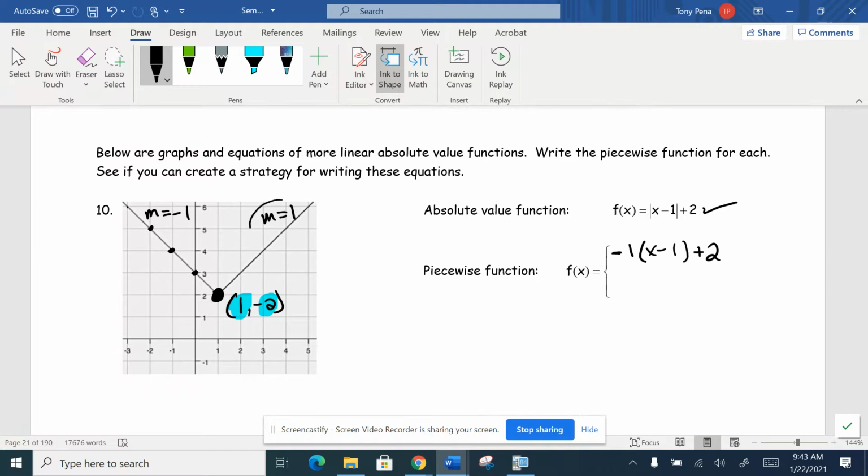The second line has a slope of a +1, so we're going to put that in front. And then the same exact thing would have to play out here, right? Like the same x coordinate I would use, so I'm going to put a 1. Oops. So let's put our 1 there. It has the same y coordinate of 2, so we're going to put our 2 right here.